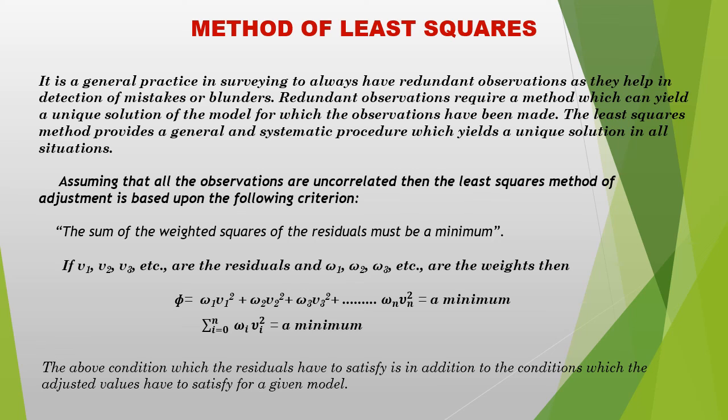The concluding statement is the summation of omega i Vi squared, with i ranging from 1 to n, must be minimum. The residuals have to satisfy this condition in addition to the conditions which the adjusted values have to satisfy for a given model.